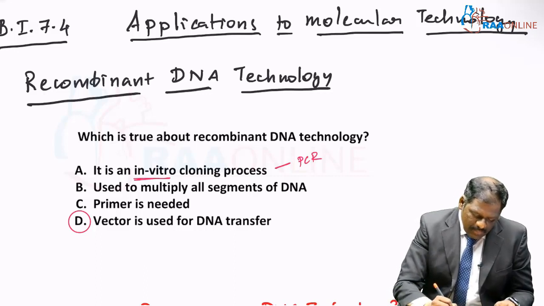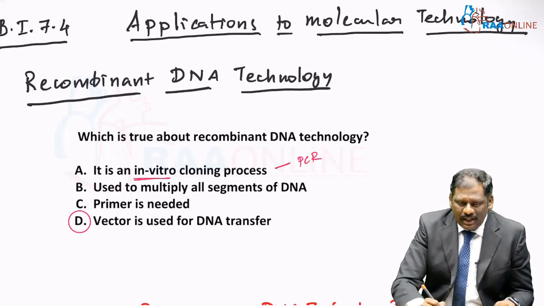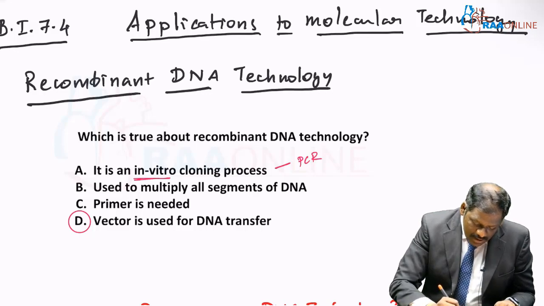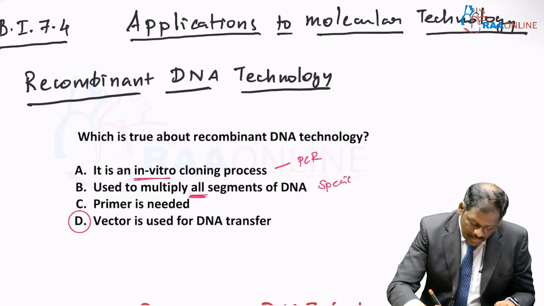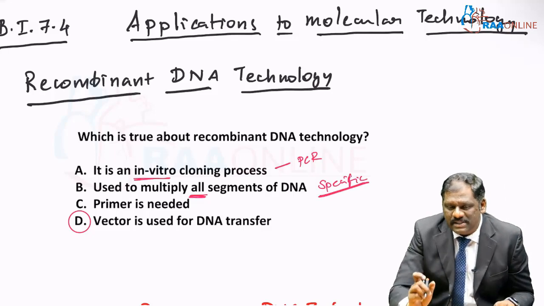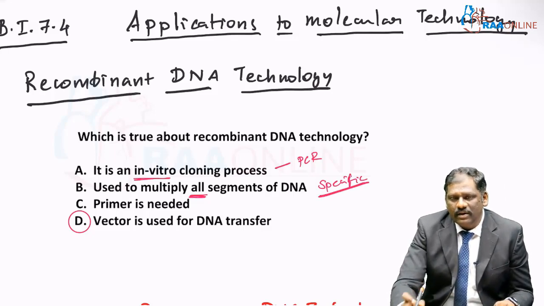So, it is used to multiply all the segments of DNA. You should be knowing the answer by now. It is not all the segments of DNA. It is specific segments of DNA which we are interested in.